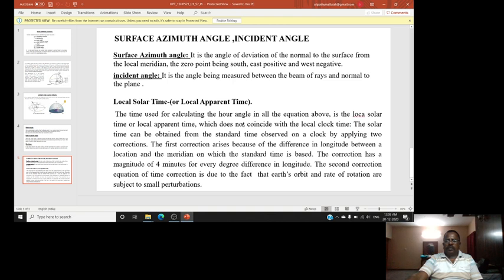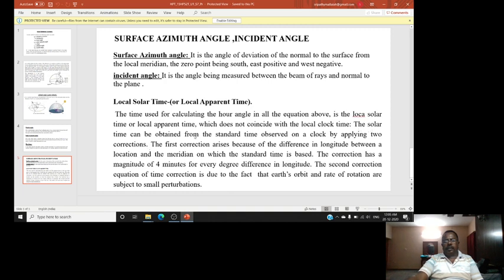For the purpose of explanation, we are saying that by using the equations, it is a local solar time or local apparent time. It does not coincide with the local clock time.